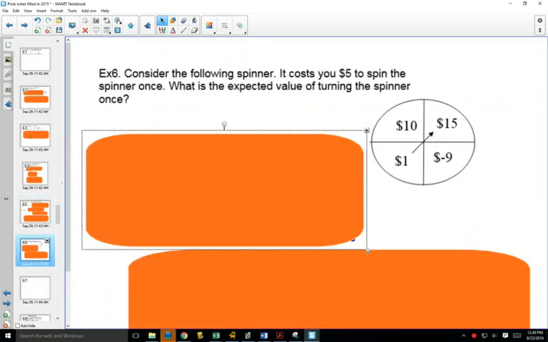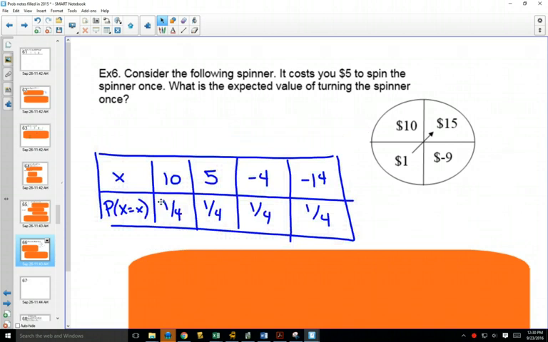Now, when making your probability distribution chart, there's 2 ways to look at this. You could look at this with the values that are given and find out what you would expect to win or lose from this spinner, and then take the $5 off at the end. Or you could take the $5 off right away, saying if I spin a 15, I'm only going to win $10, right? Because I spent 5 already to play.